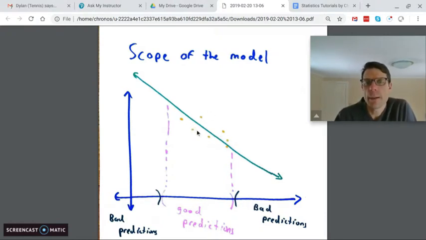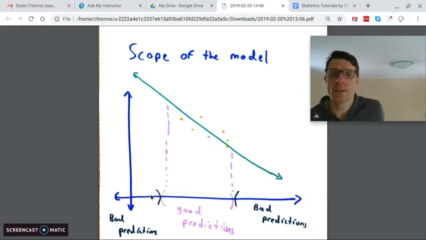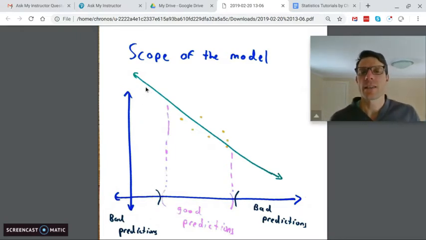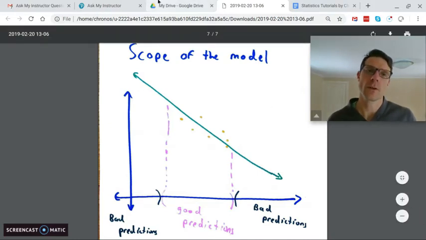But in areas where there's no data but the line still continues, the predictions aren't as good. The model is much better when it has data around the prediction that you're trying to make. So in areas over here where there are no dots, if I plug in any of these x's, even though they're positive and they definitely have an interpretation, the model won't fit very well. We have no confidence that the model is going to do well in these areas. So that's what's called the scope of the model.